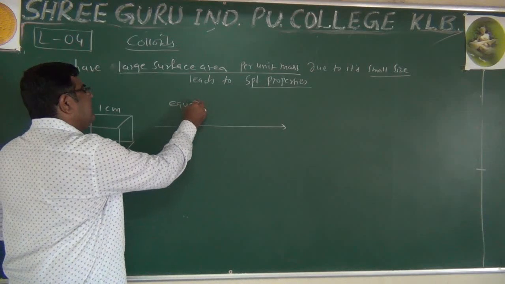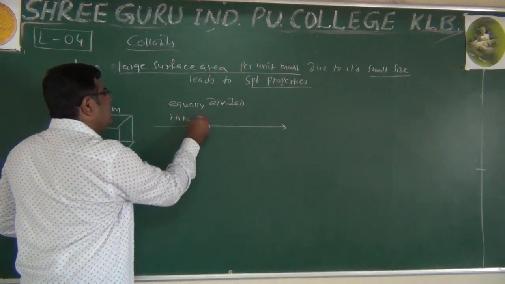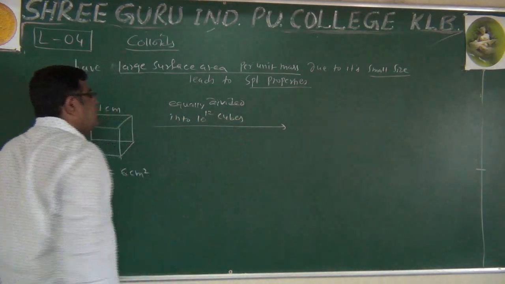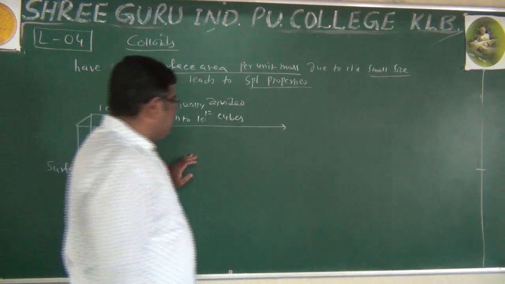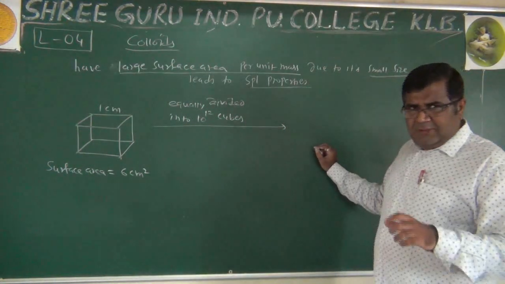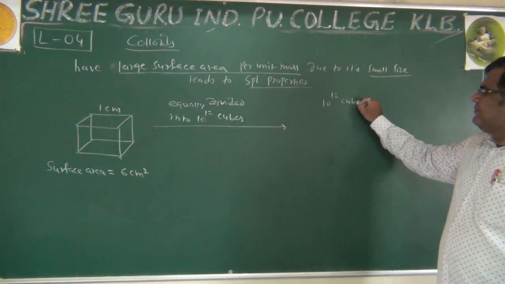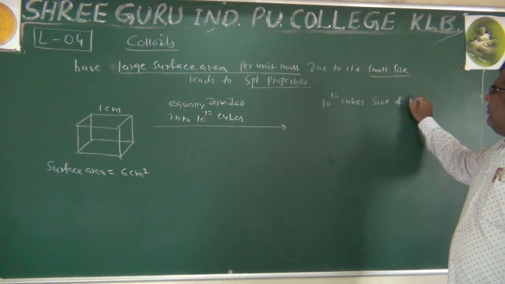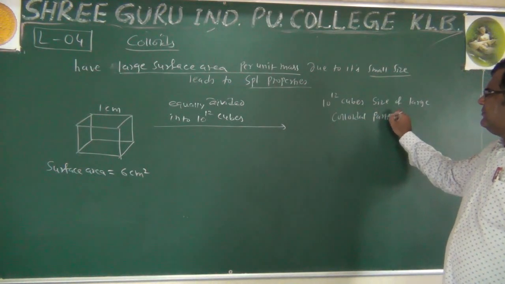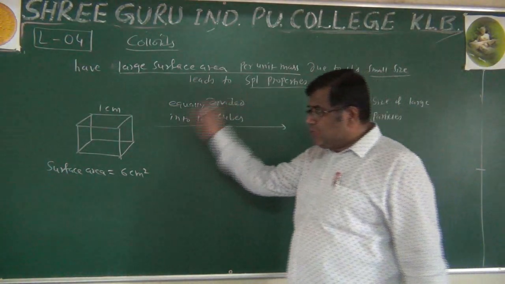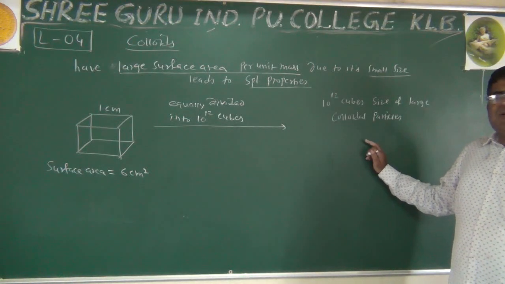If it is equally divided into 10 raised to 12 cubes, because colloids are of very small particles, then these cubes have the size of large colloidal particles. If we divide this 10 raised to 12 times, then what we get is the large colloidal particle which has size 1000 nanometer.